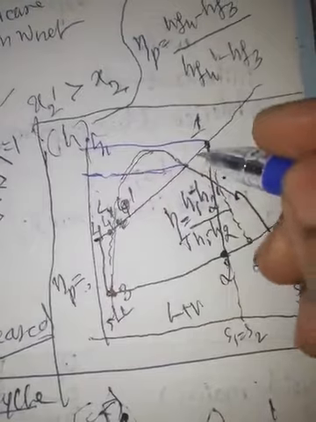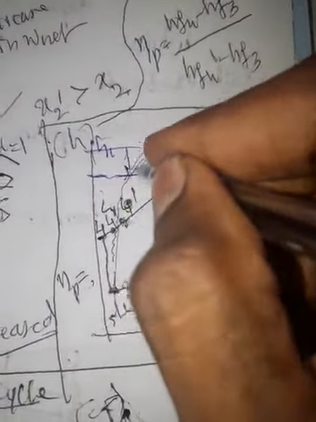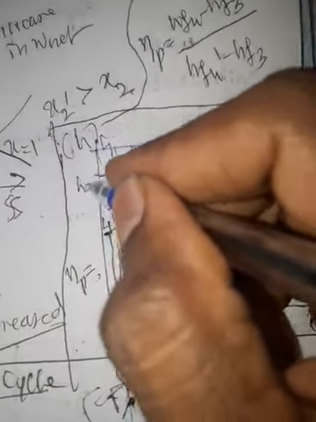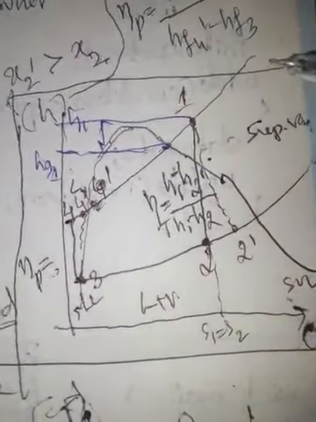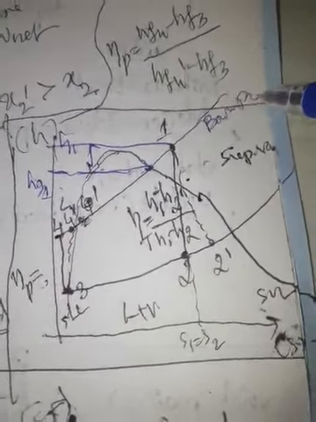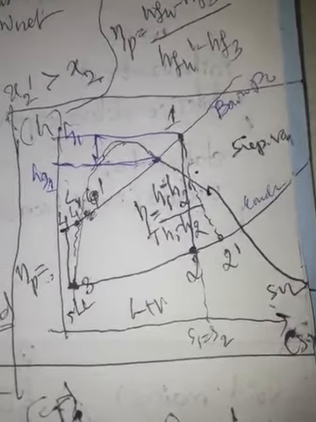There is a difference, this is Hg1, this is Hg1, this is the boiler pressure, this is the condenser pressure.